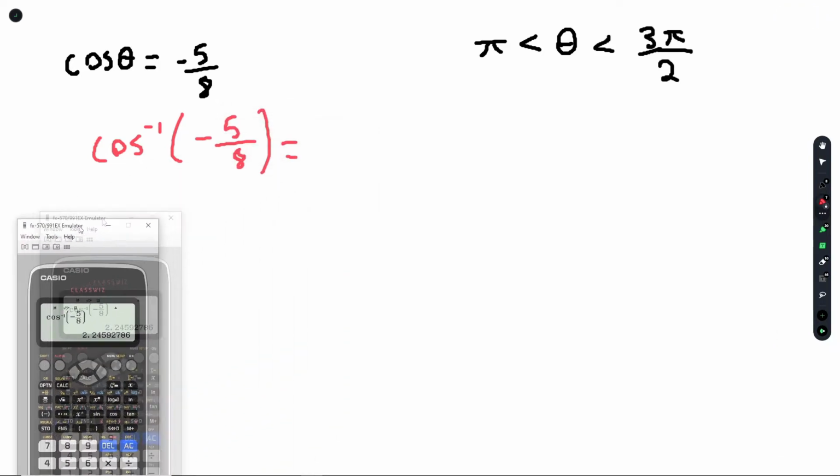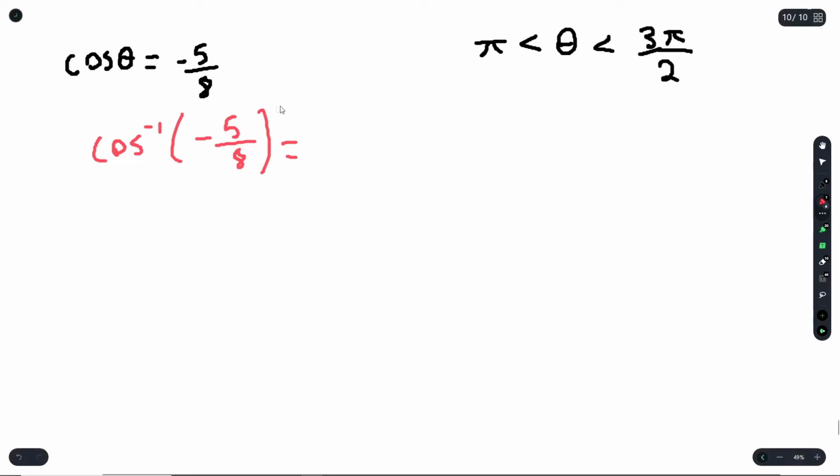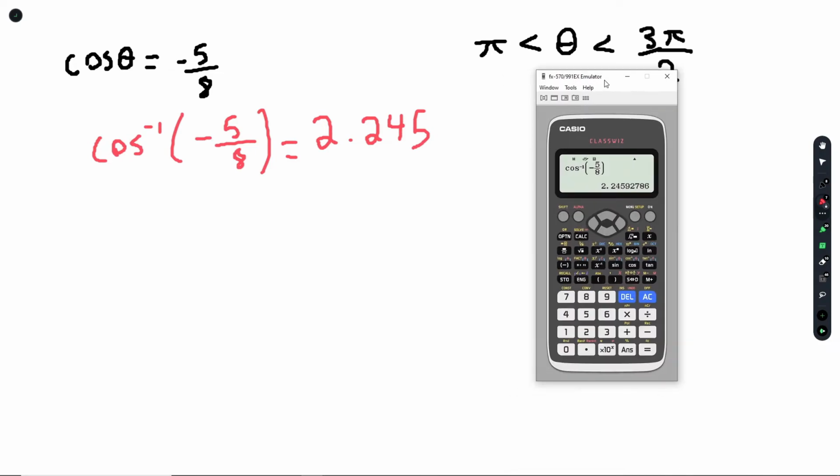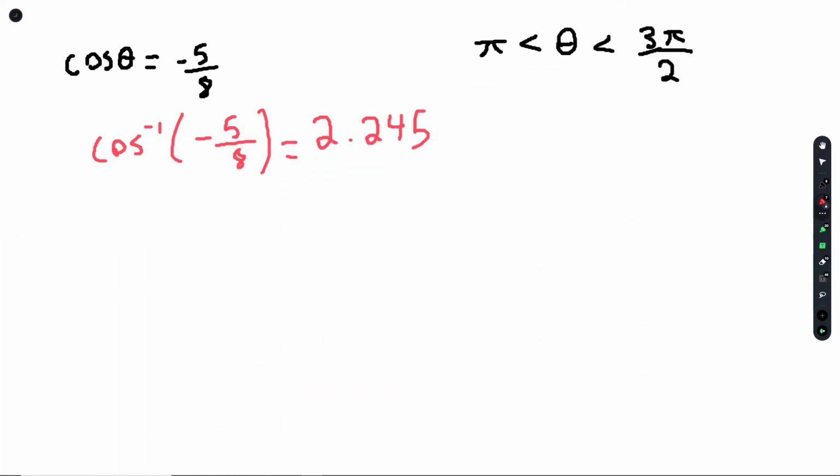So it's 2.245. And now we get the reference angle. Shift tan 2.245, and you take the positive value of this. 0.896. That's our reference angle.